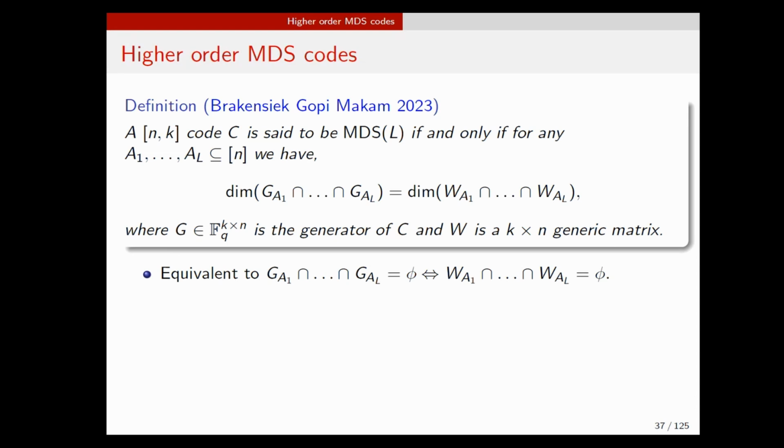Okay, would you elaborate on W being generic? It just means it's x11, x12, a completely symbolic matrix. Its dimension will be some fixed number, determined by some symbolic huge determinant not vanishing.